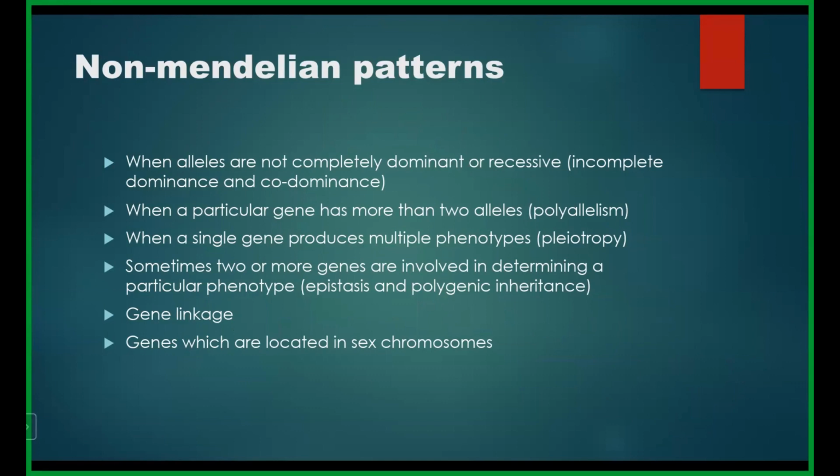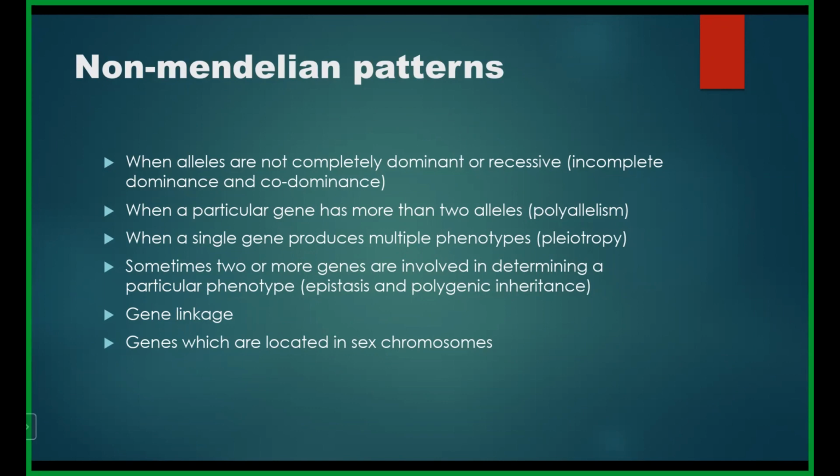We came across two rules that Mendel derived using his experiments on pea plants. Whenever there was deviation from these, we say that these are non-Mendelian patterns. And these non-Mendelian patterns are of six types.